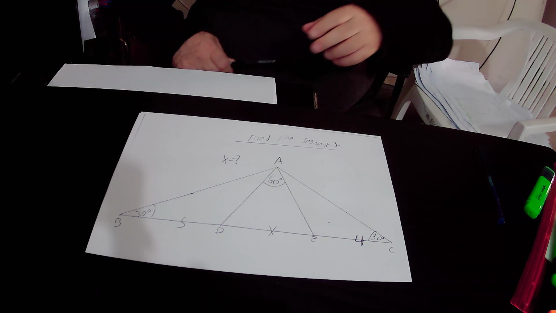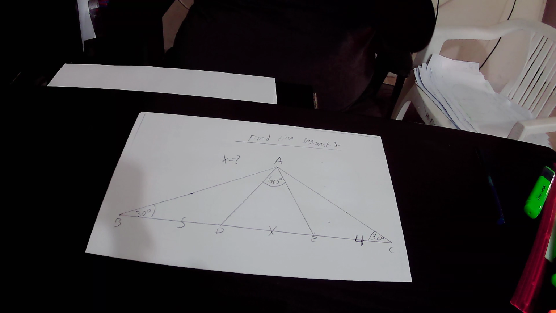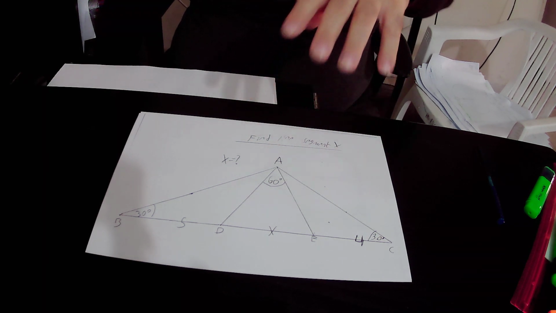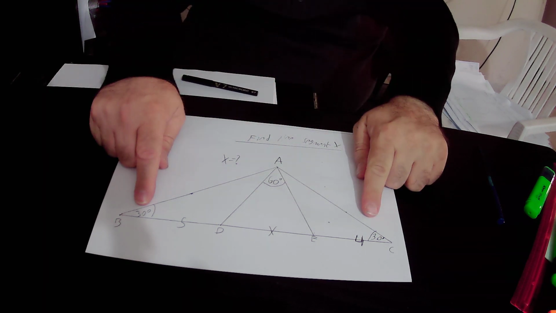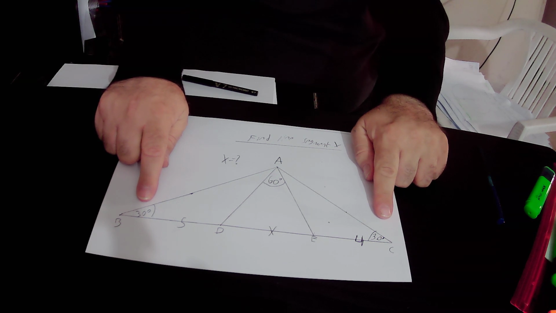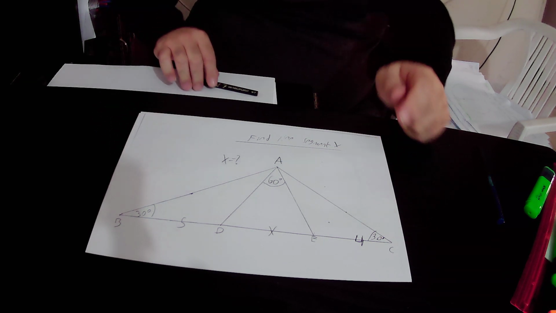Okay, so we will focus on triangle ABC. In triangle ABC, those two angles are equal to each other, they are both equal to 30 degrees. So I will write it down.